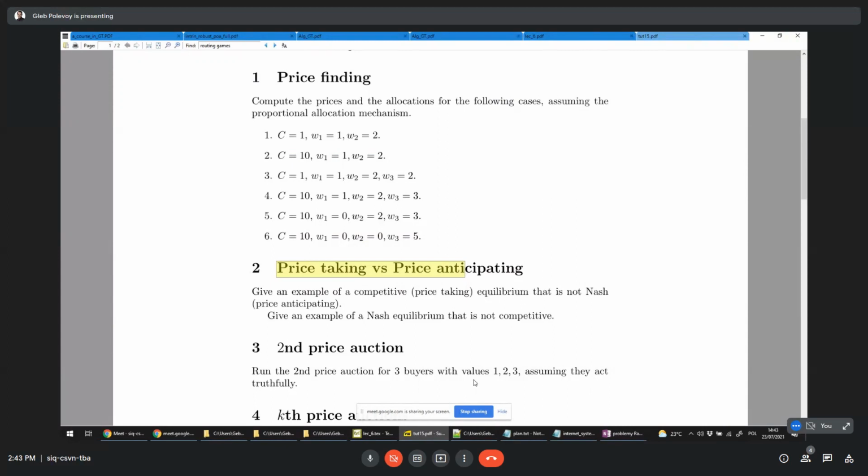So I wanted to find an example of a competitive equilibrium, so an equilibrium when you have price taking users, that is not Nash. So that is not an equilibrium in the game where you have price anticipating users, and the other way around, a Nash equilibrium which is not competitive. So do you have any idea, any suggestions?